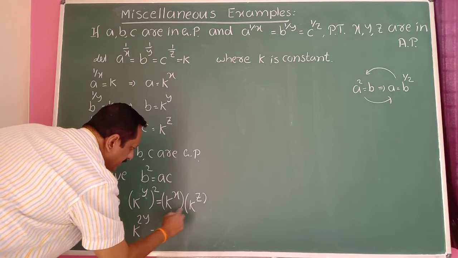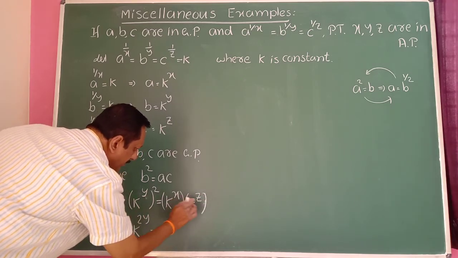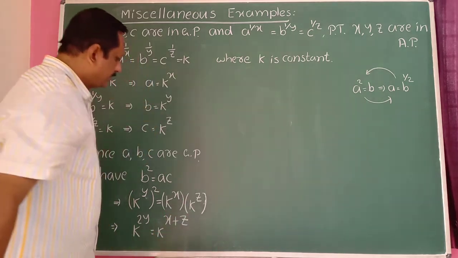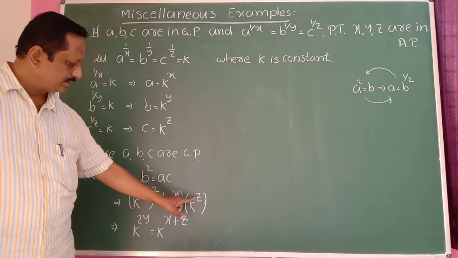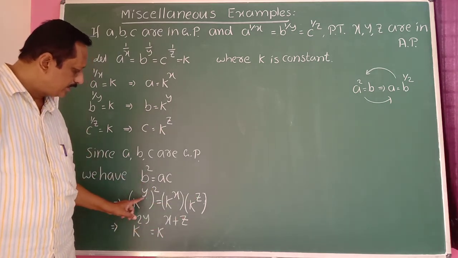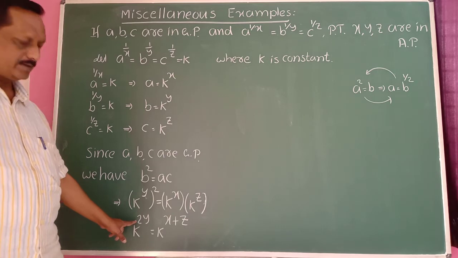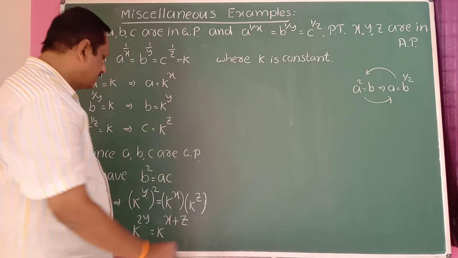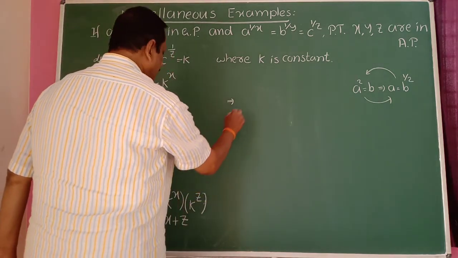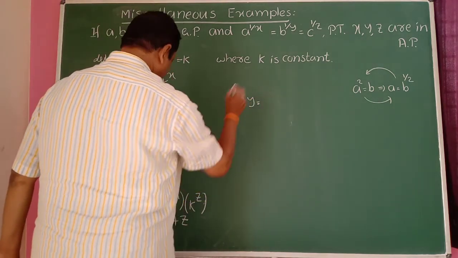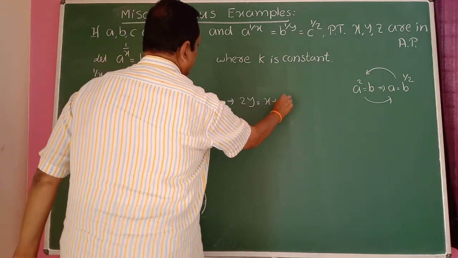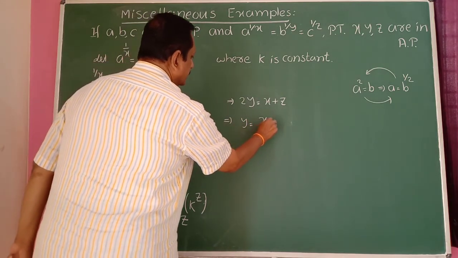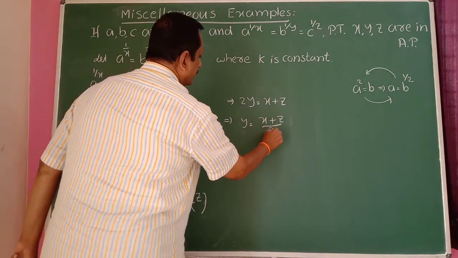And here the bases are the same. If bases are the same, then add the exponents: K raised to X plus Z. Here again the base is the same, K and K. Therefore equating the exponents, 2Y is equal to X plus Z. Take it to the right hand side. Therefore Y is equal to (X plus Z) divided by 2.